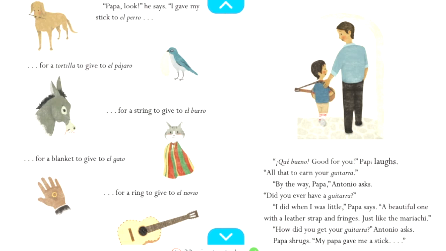By the way, Papa, Antonio asks, did you ever have a guitarra? I did when I was little, Papa says, a beautiful one with a leather strap and fringes, just like the mariachi. How did you get your guitarra? Antonio asks. Papa shrugs. My papa gave me a stick. The end.